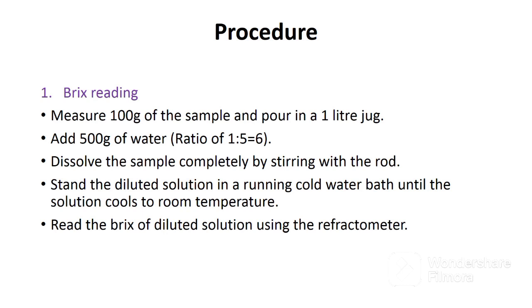Read the BRIX of diluted solution using the refractometer. Kindly allow me to refer you to my previous video on analyzing BRIX, POL and purity of extracted juice. In that video, I have described how to use the refractometer to measure BRIX of a solution.